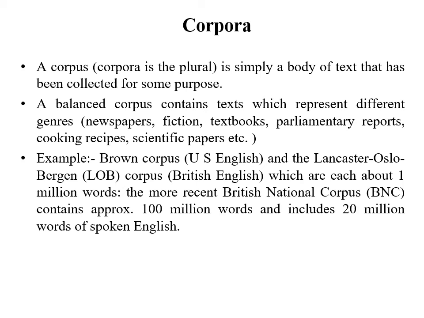A balanced corpus contains text which represents different genres: newspapers, fiction, textbooks, parliamentary reports, cooking recipes, scientific papers, etc. For example, the Brown corpus is US English, and the Lancaster-Oslo-Bergen corpus is British English, each of about 1 million words. Or the more recent British National Corpus (BNC) contains approximately 100 million words and includes 20 million words of spoken English.